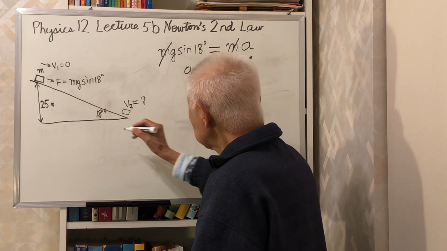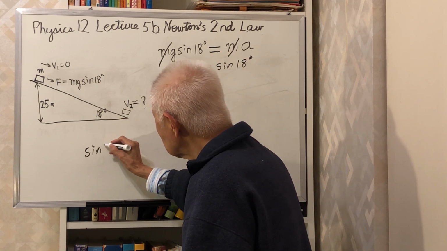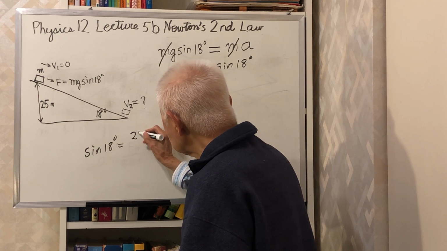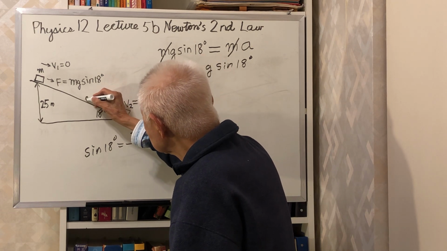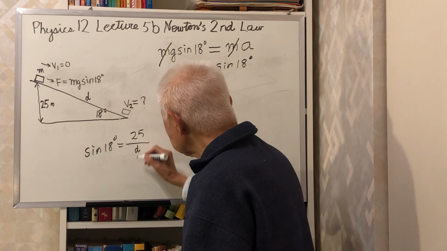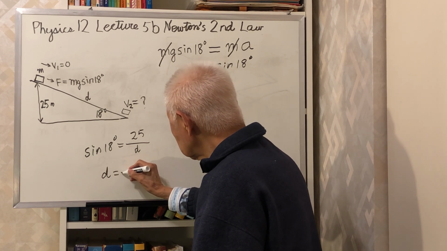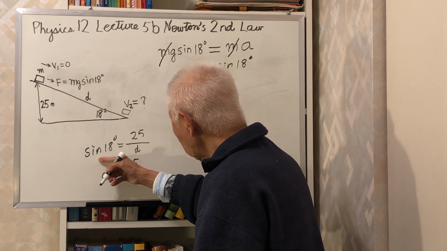Sine 18 is 25 over this distance. So this distance is 25 over sine 18.